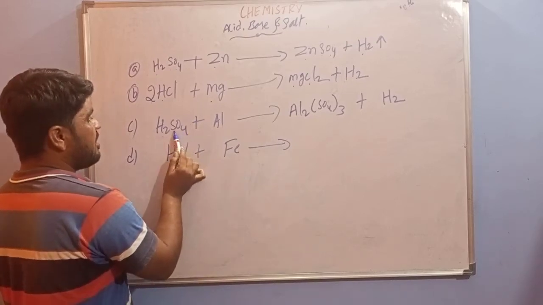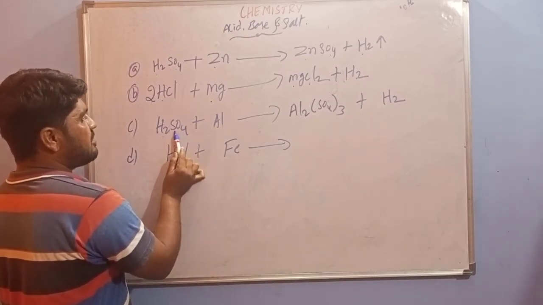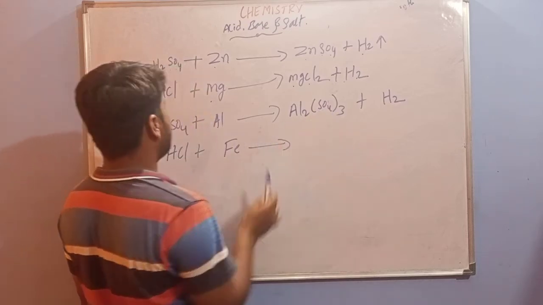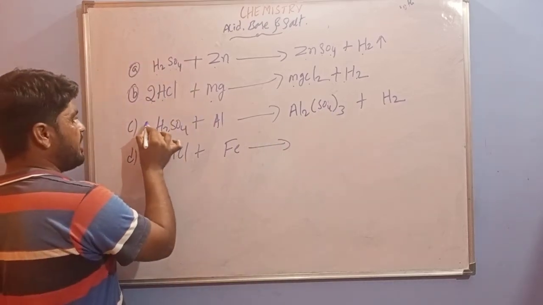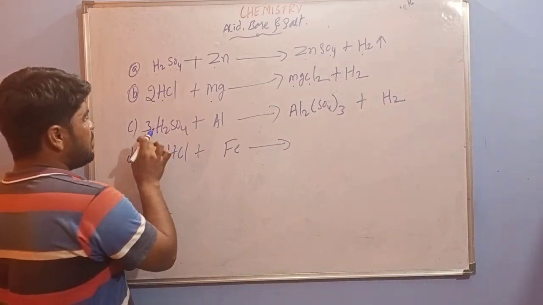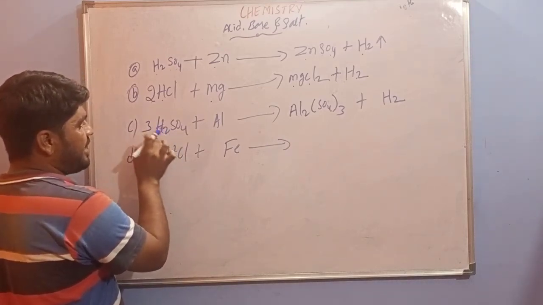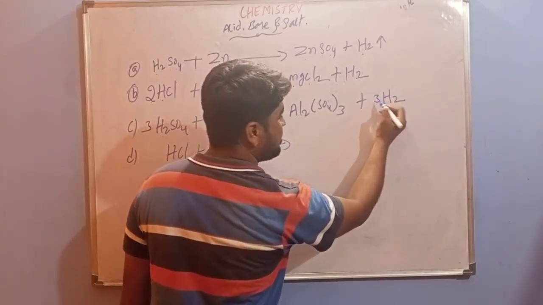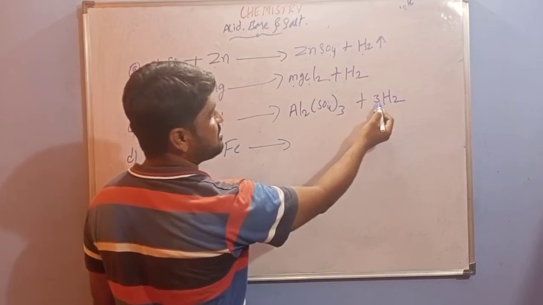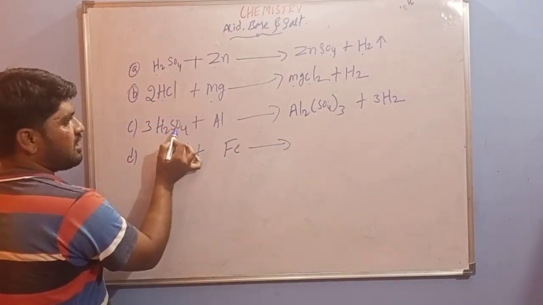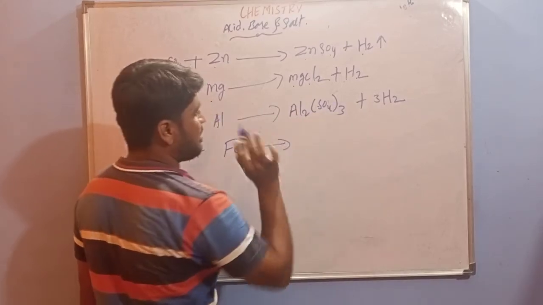Next, sulfur. Now you have S1 on the reactant side, and here S3 is there. That's why we have to take coefficient 3 here. So now you have 3 times 2, 6 hydrogens, here only 2 hydrogens. That's why I am going to take 3 as a coefficient. 3 times 2, 6 hydrogens, here also 6 hydrogens. 3 sulfur, here also 3 sulfur.